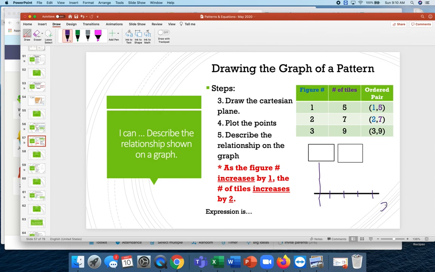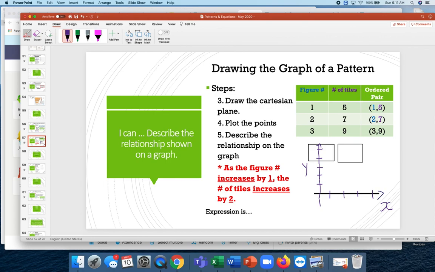This is my x-axis, and then this is my y-axis, right? And then same deal. 2, 4, 6, 8, and then I guess I have to go up a little bit further. Oh, I should probably draw my arrows too, right? Yepers. Okay, so there we go.